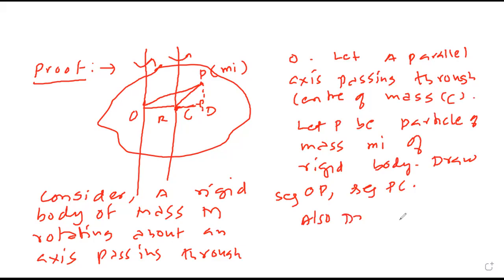Also draw segment PD perpendicular OC extended up to D. Complete till this, then we'll see how to get IO equal to IC plus MR square.